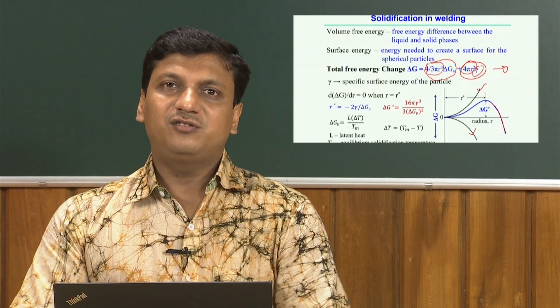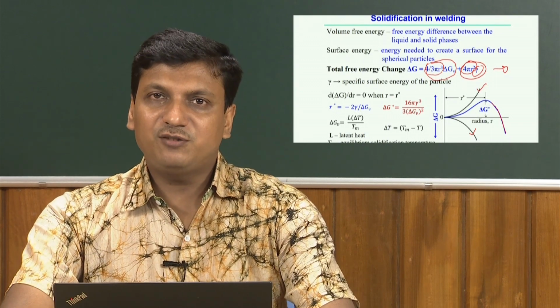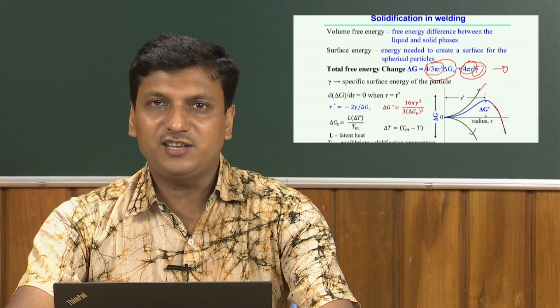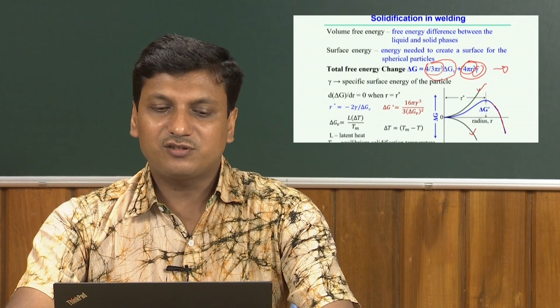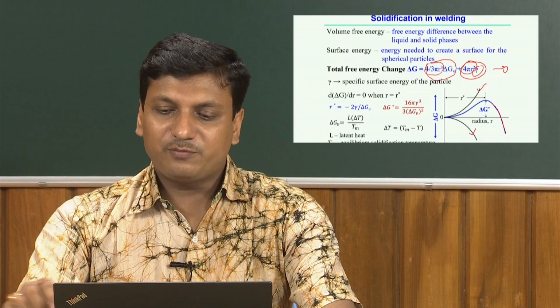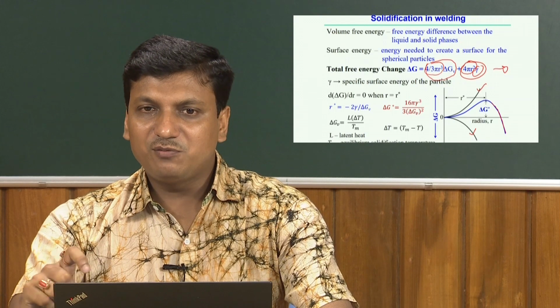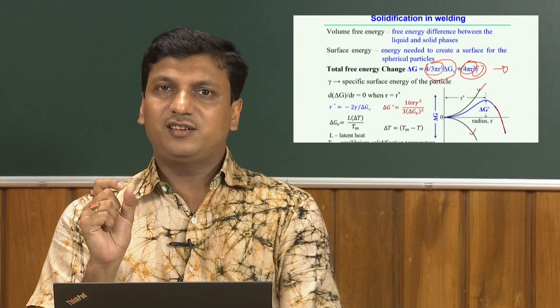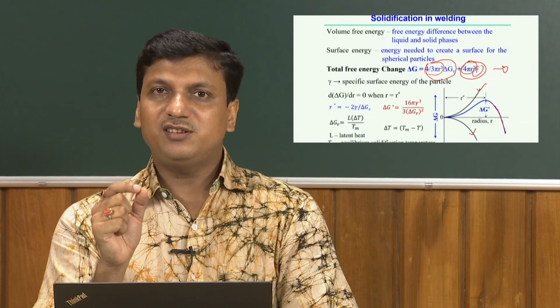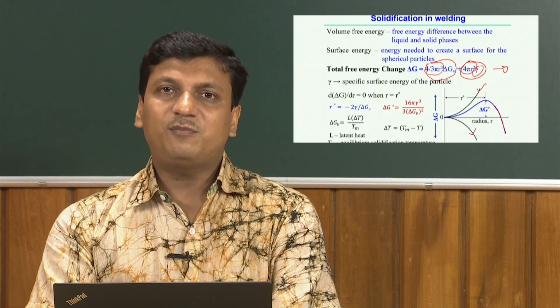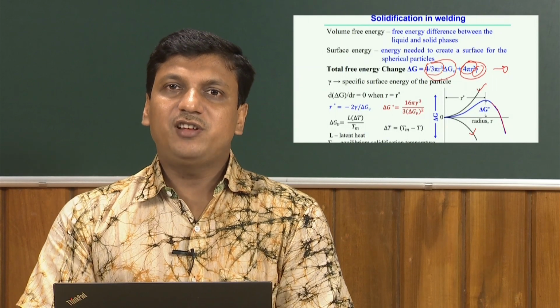From this typical nature of the total free energy change during the nucleation process, we can find that this optimum point is the maximum amount of energy required to form a stable nucleus.